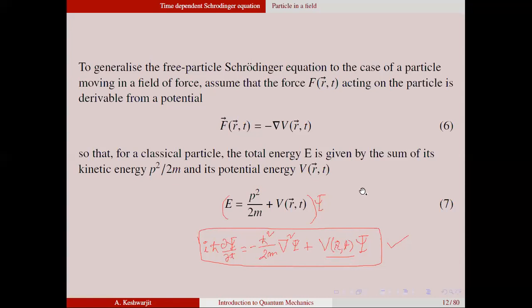Valence band, conduction band, and energy gap: you learned these in class 12, and you are going to learn them again in your solid state physics. In class 12 we know that a solid has a valence band, a forbidden energy gap and a conduction band.